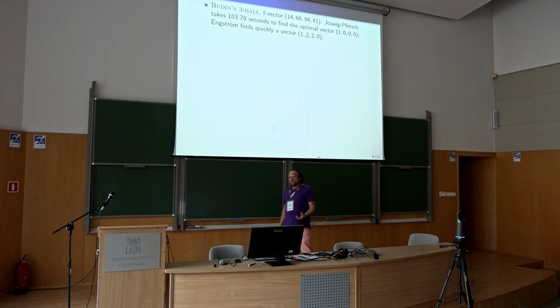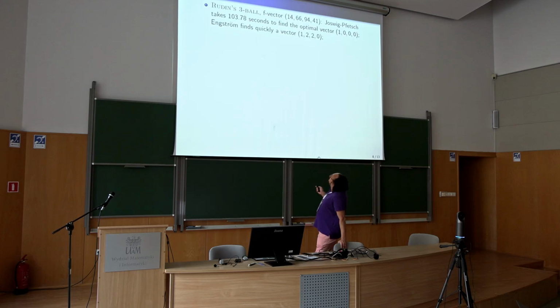These are comparisons with existing strategies. As you can see, this is considerably faster. It's faster than the algorithm by Joswig and Pfetsch, the paper in which they prove the NP-completeness result that was cited before.